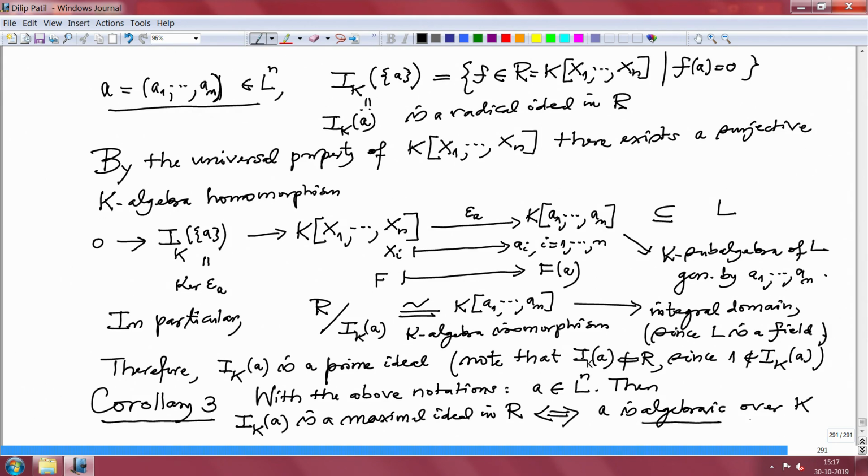What do I mean by a tuple being algebraic over K? That I will do on the next page.